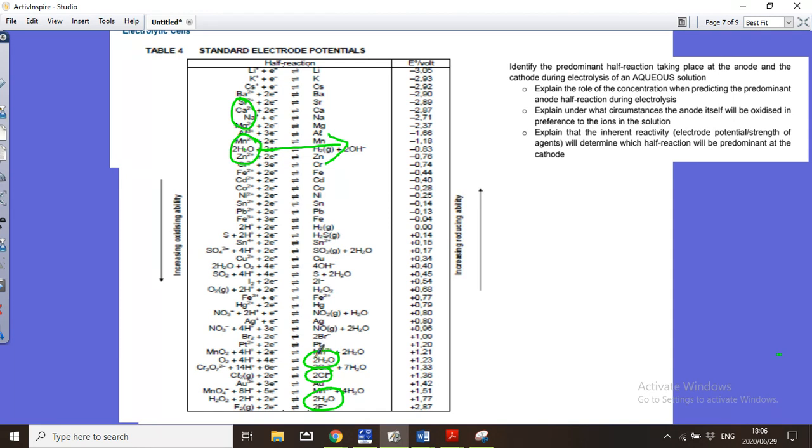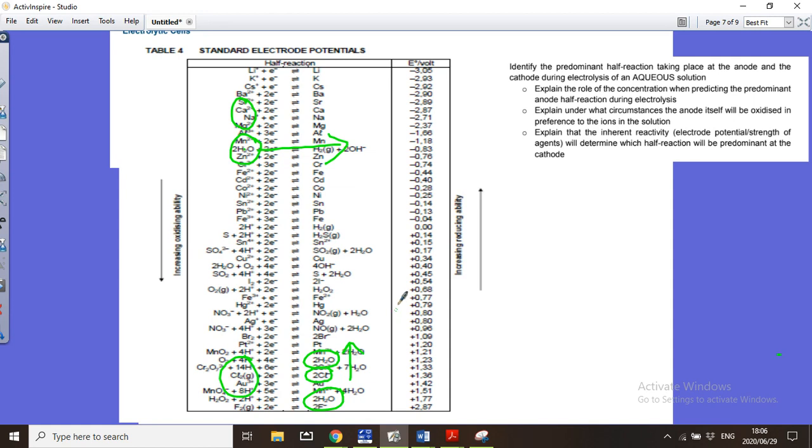So under standard conditions, we would form oxygen, but because brine is concentrated NaCl, the chlorine will have a little bit of a stronger reducing ability, just enough to make it go above the water, and therefore I form chlorine gas as my other product and not oxygen gas. Please remember this because they do ask it. The sodium and the water is too far away from each other for it to have an effect there. It has to be very close to each other on the table for the concentration to actually play a role.